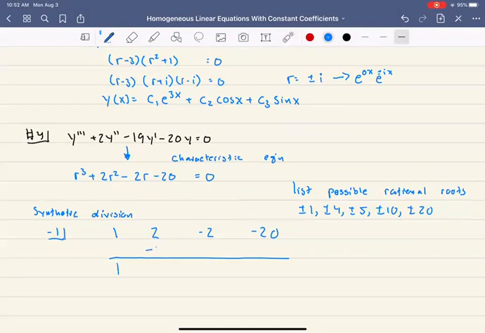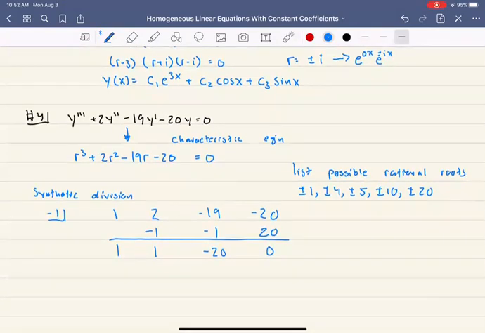Multiply 1 by -1 is -1. 2 and -1 is 1. -1 and -1 is... something went wrong. The reason something went wrong is because that should be 19. Much better. -1 and 1 is -1. -19 and -1 is -20. -1 times -20 is 20 with 0.